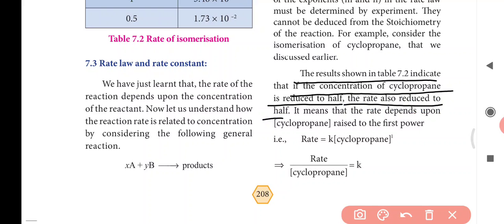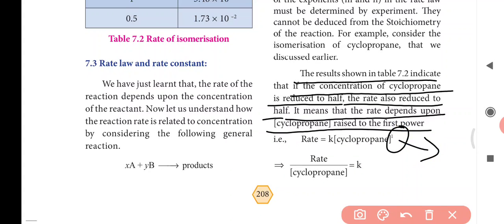It means that the rate depends upon the concentration. That means cyclopropane is to the first power. Rate equal to K times the concentration of cyclopropane, so the order of the reaction is 1.